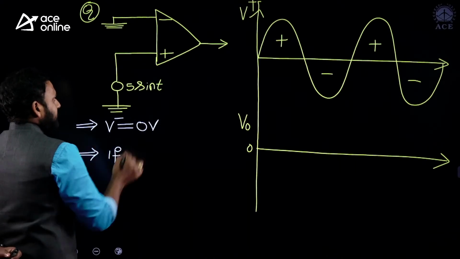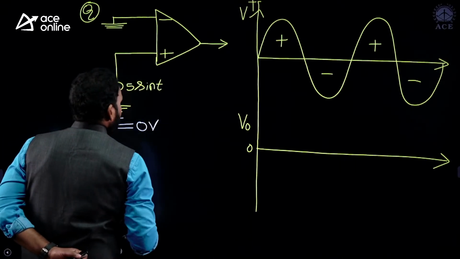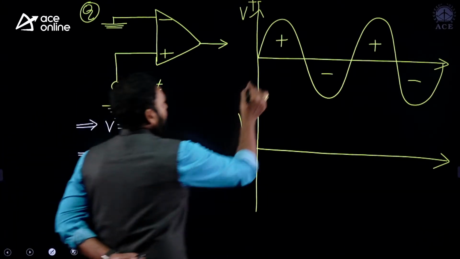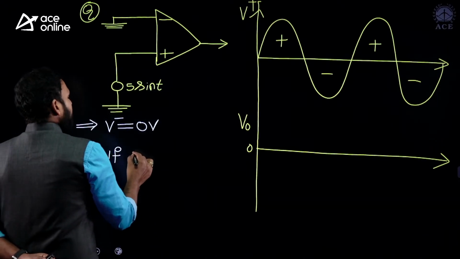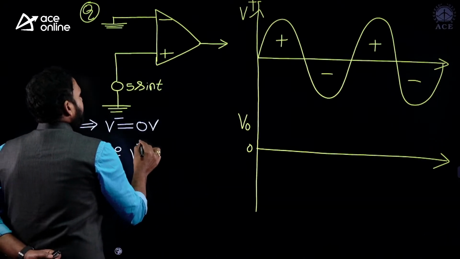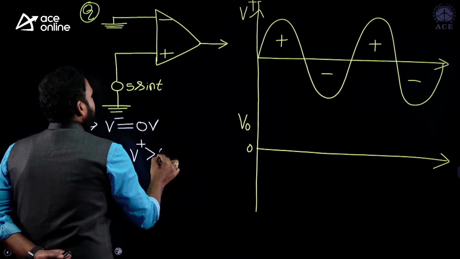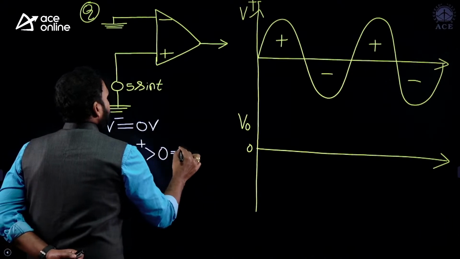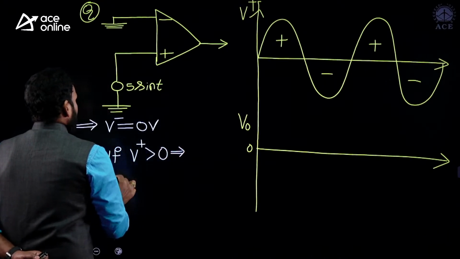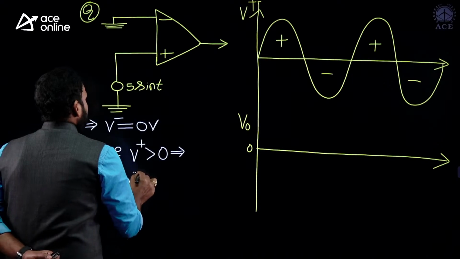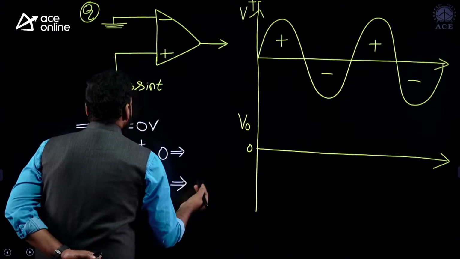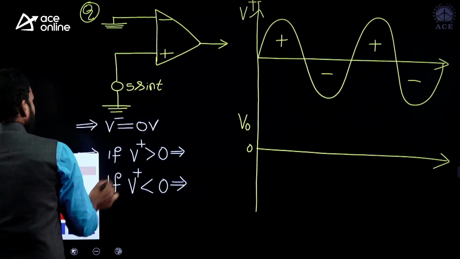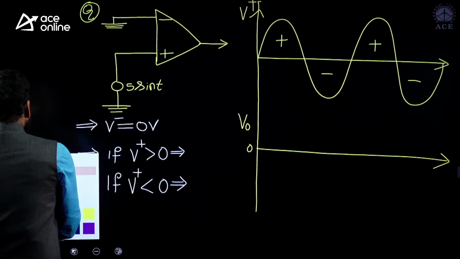If this is V plus, 5 sin t, plus 5 and minus 5, if V plus is greater than 0, what will be the output? If V plus is less than 0, what will be the output? That's it. The signal is just being compared.